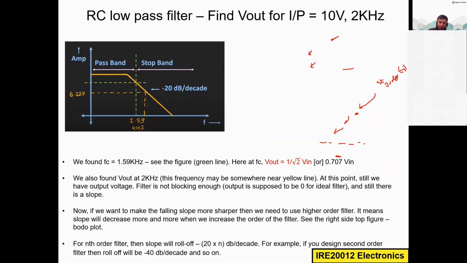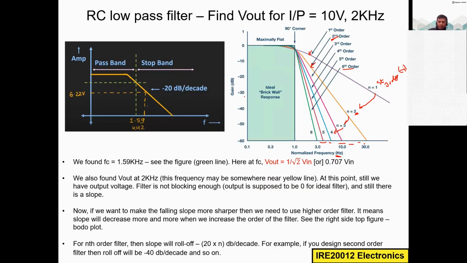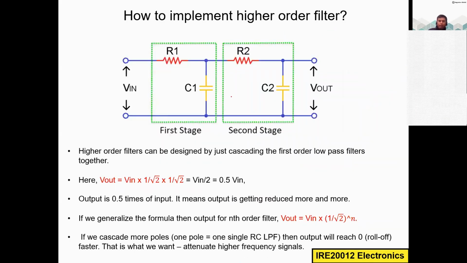It's still some value because the curve is going down slowly. We want to make this curve go to zero as fast as possible. For that, we need to increase the order of the filter. That is why we are going to higher order filters.